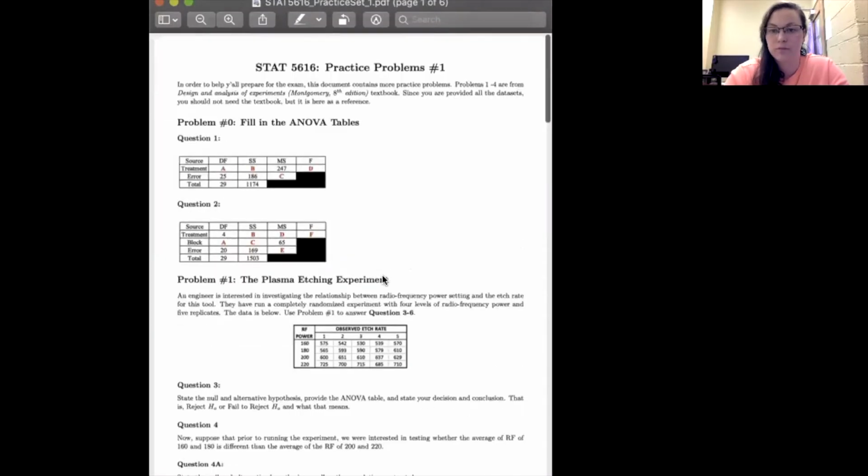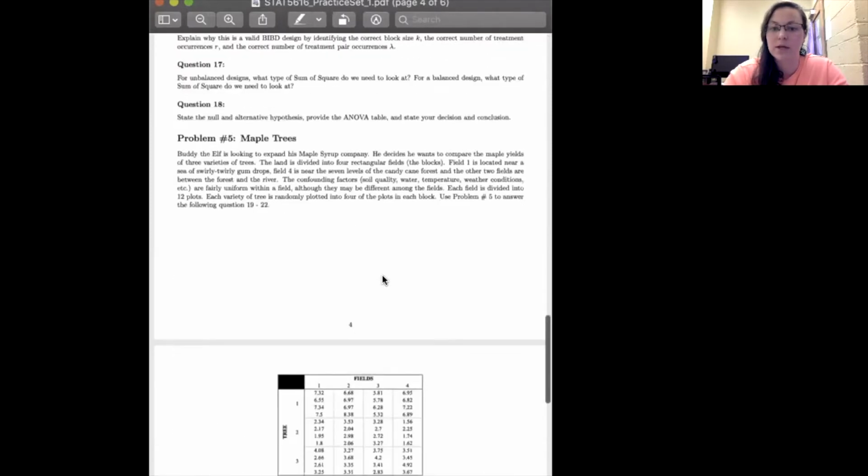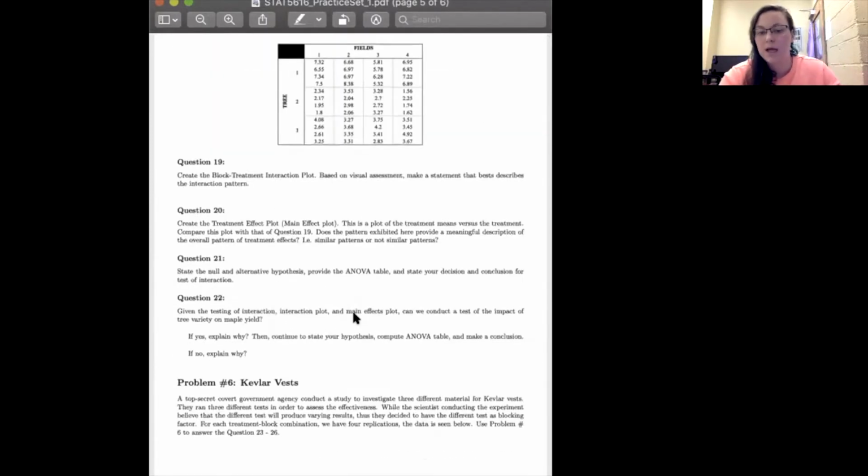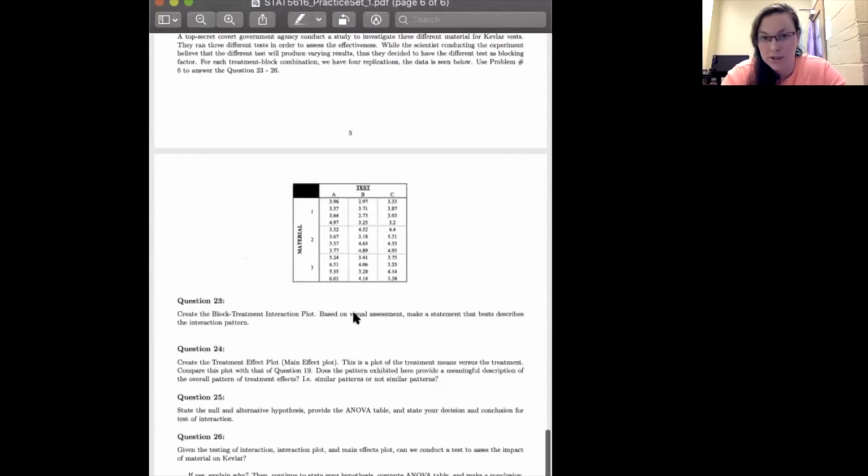It's this pretty 6-page document where I'll give you data sets and you're going to apply and answer these questions. What I will do to hopefully motivate you guys to do these practice problems, and hopefully that will help inspire some questions if you guys have any, or it will be like, yep, I understand this concept, I'm good to go, is on Canvas, I will have a label called Practice Problem Set 1.